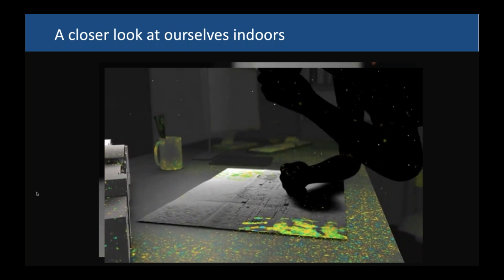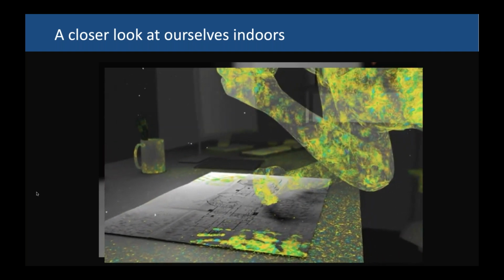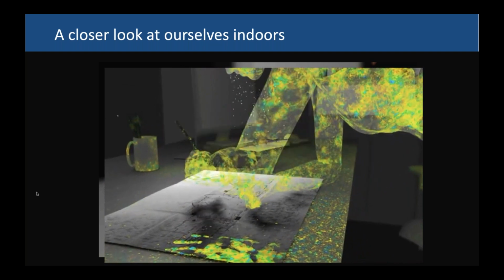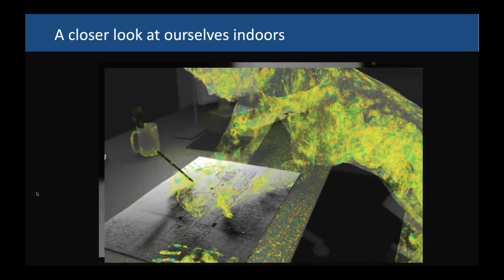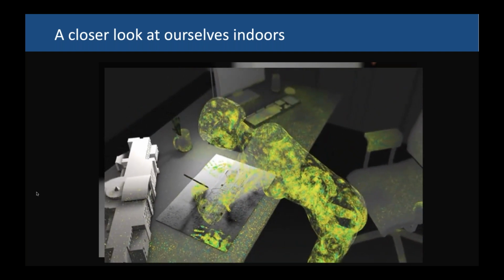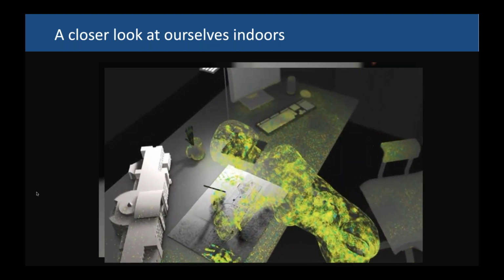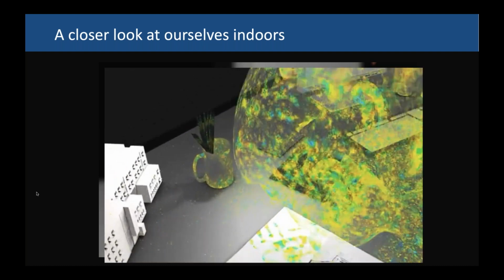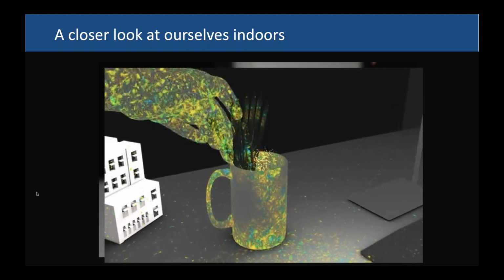She's leaving skin particles on the desk. Those skin particles carry the normal bacteria that's on her skin, Staph aureus. You can see particles coming out of her nose, that's normal. You can see her GI tract is illuminated. We have a lot of bacteria and microbes in our GI tract. So you can tell that there's a lot of exchange between the human and the indoor environment.